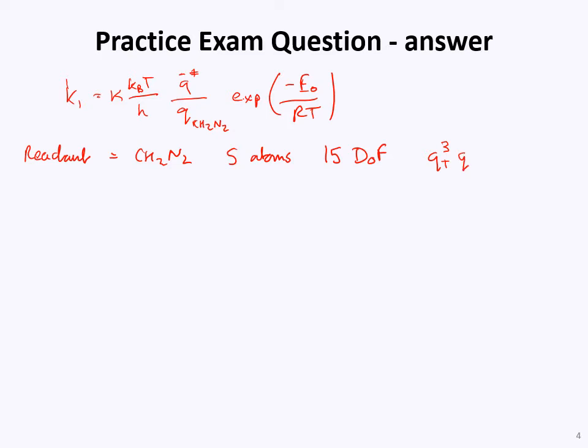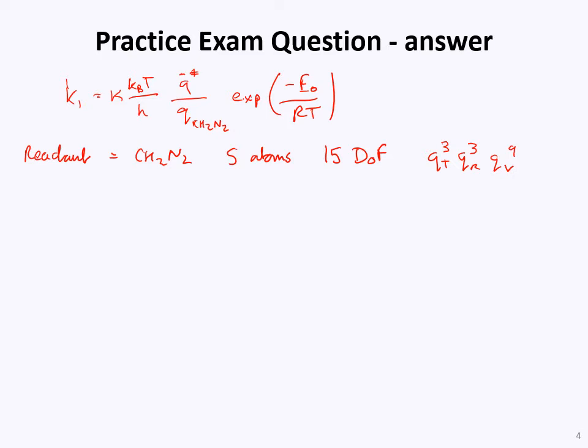It's a non-linear molecule, so we've got 3 rotations, and the remainder are going to be vibrations. So that's 9, isn't it? So that will be that part of it.